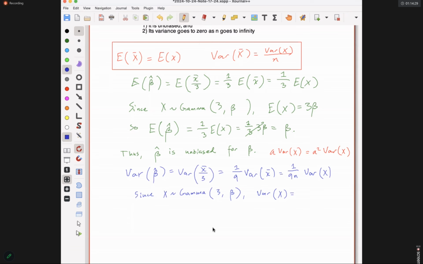And what is alpha? 3, okay. So alpha is 3 beta squared.